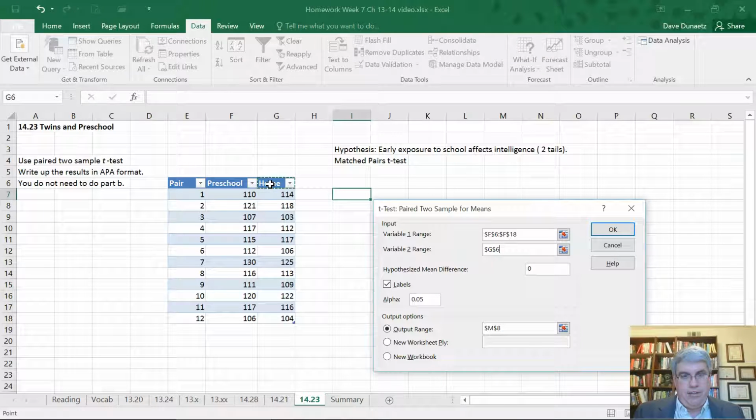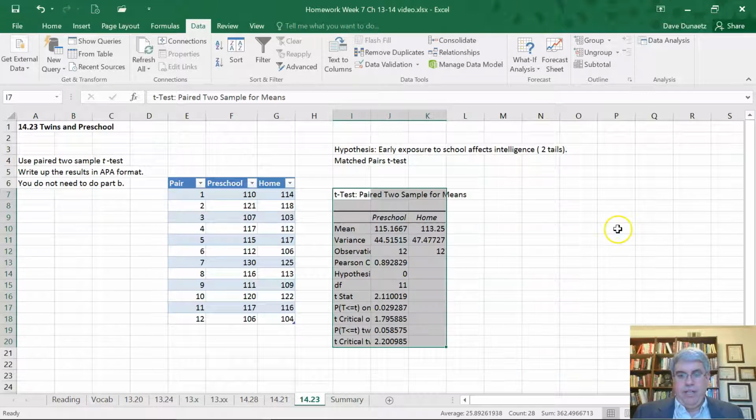Let's get that in there correctly. Okay, the hypothesized mean difference is 0. There's label, preschool and home, the alpha, the output range. Let's put that here, at I7.